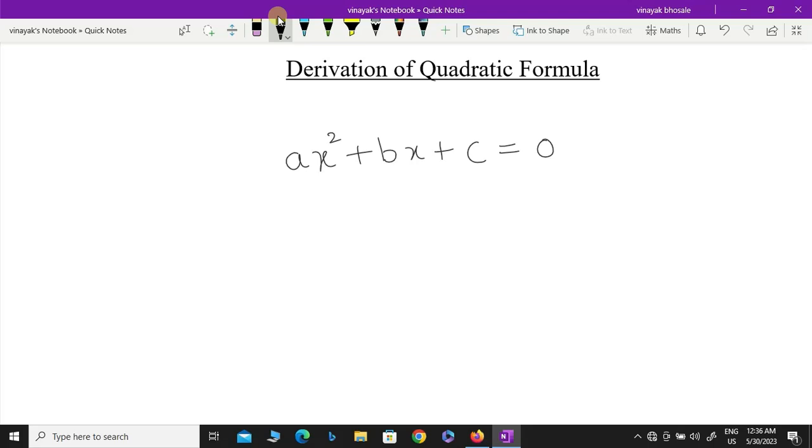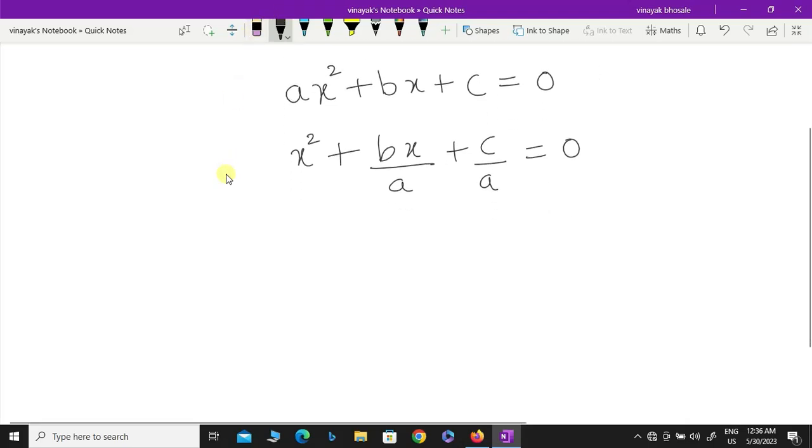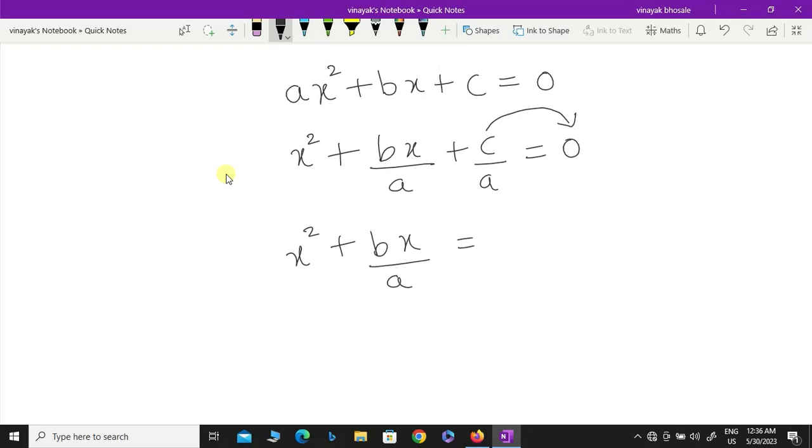So if I divide this term by a, it's going to be x squared, plus bx by a, plus c by a equals 0. Okay, and now I'm going to shift this term to the right. So x squared plus bx by a equals minus c by a.